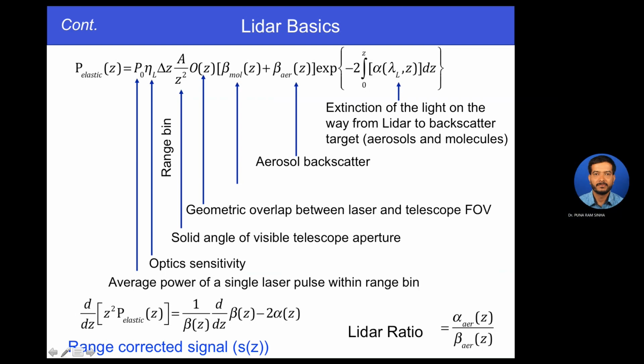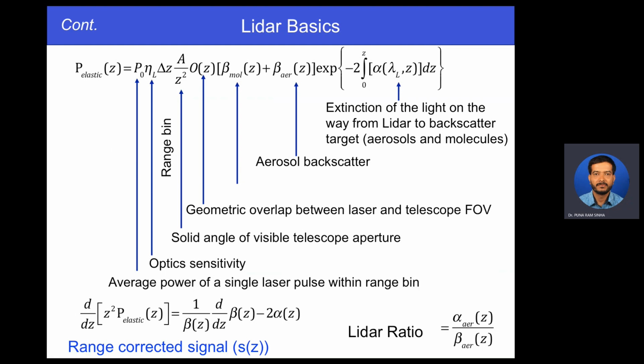Then you express one variable with the other by multiplying the lidar ratio with the aerosol beta. So alpha can be replaced with this product of the lidar ratio. This lidar ratio has to be known actually.